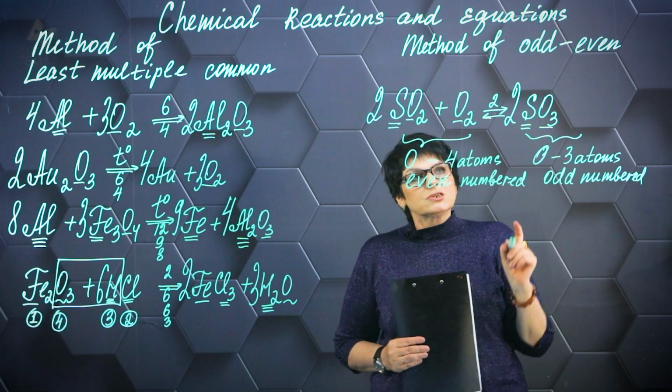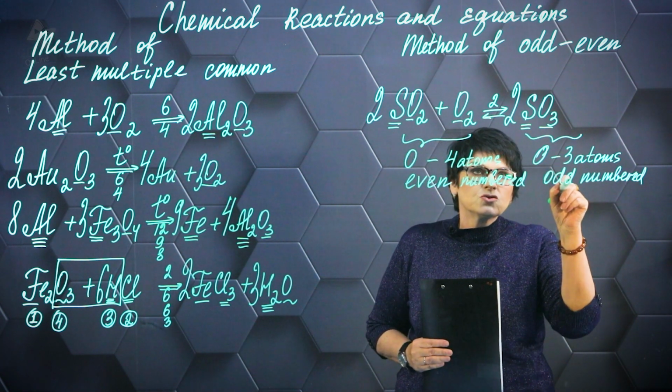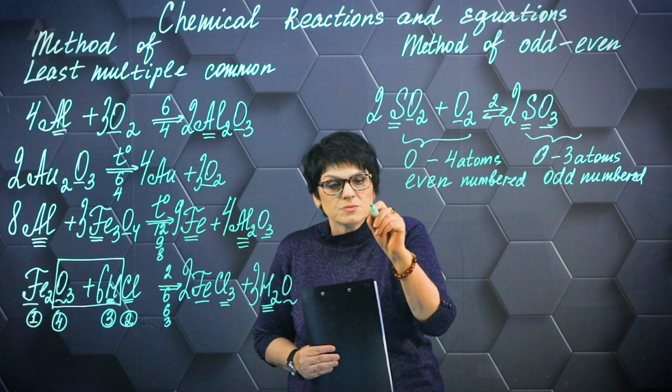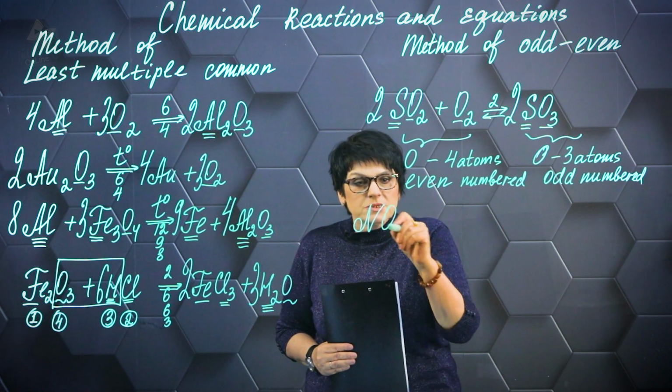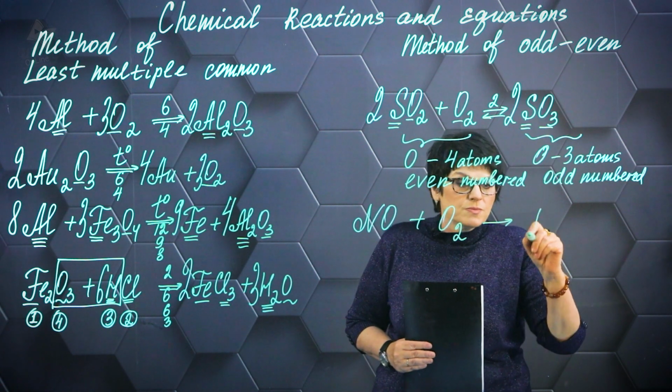Now listen up. Here's what we did first. As the initial step of equalizing, we used a method where we turned an odd number into an even one. Let's provide another example of the same type. There is an interaction occurring between nitrogen dioxide and oxygen.